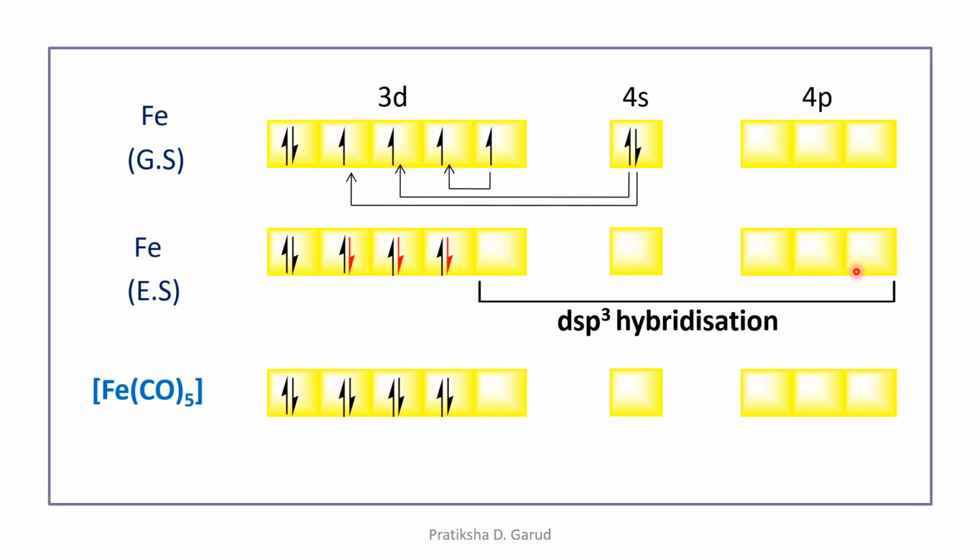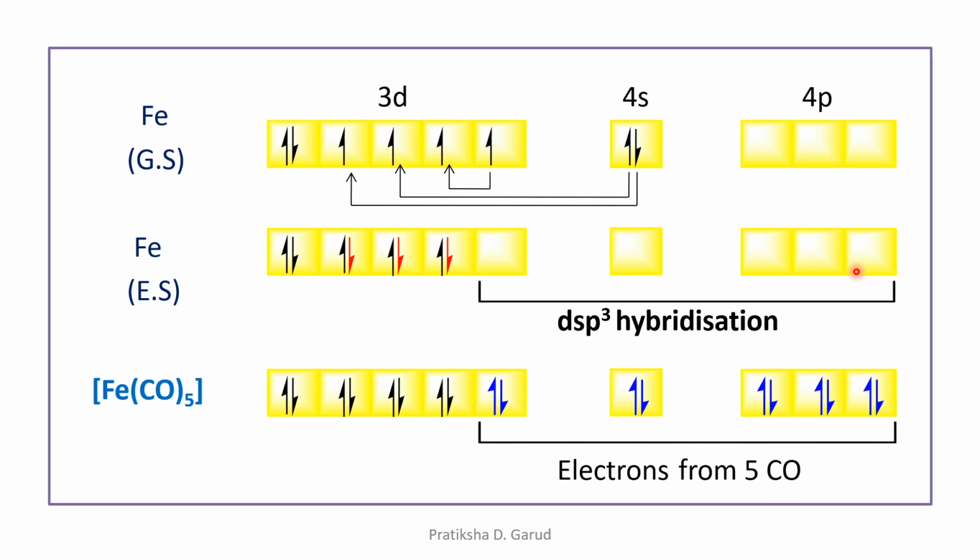Whereas the remaining, the first pair of electrons, second pair, third, fourth and the fifth, these are the 5 pairs of electrons which are given by the ligands, and the ligand is the carbonyl ligand, or we may say that these are the electrons from the 5 carbonyls or the 5 ligands.